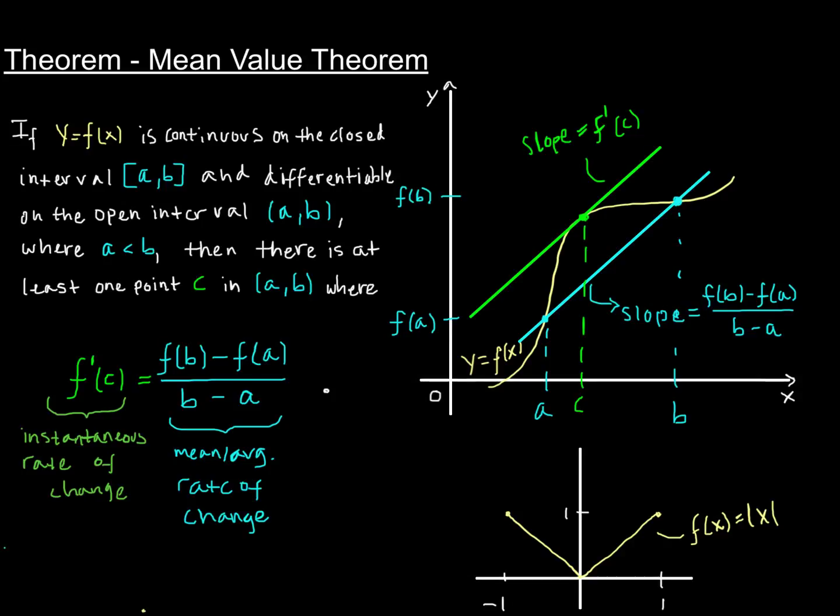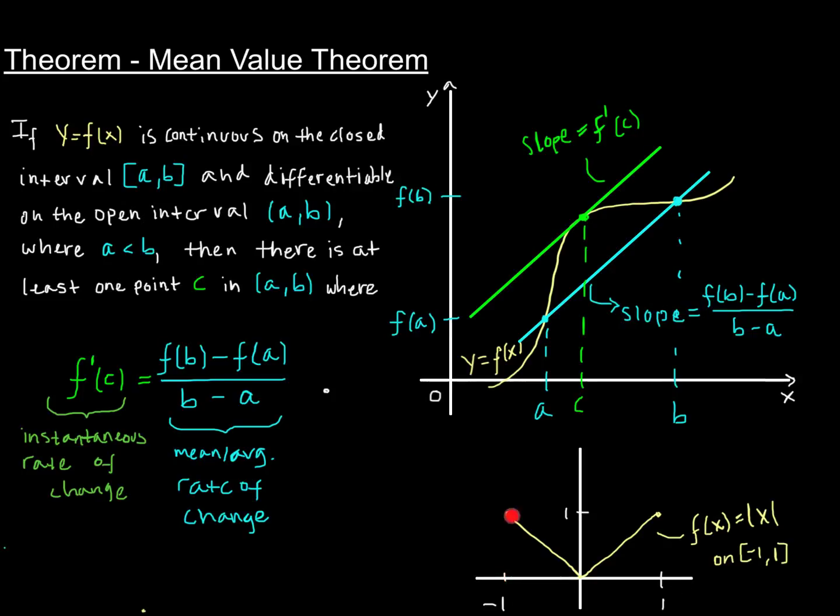Now, if you go through the criteria, the absolute value function is continuous on the interval from -1 to 1. So we're considering the closed interval from -1 to +1.